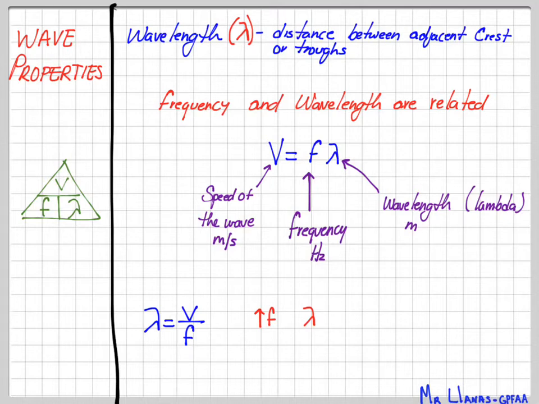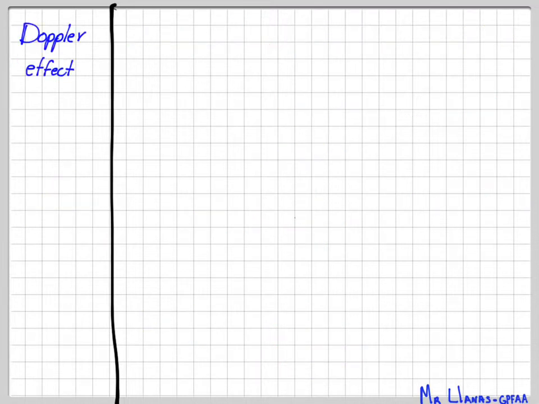If the frequency goes up, the wavelength goes down, and if the frequency goes down, the wavelength goes up. That also has to do with the pitch. Frequency and pitch are related, so the higher the frequency, the higher the pitch, and the lower the frequency, the lower the pitch.